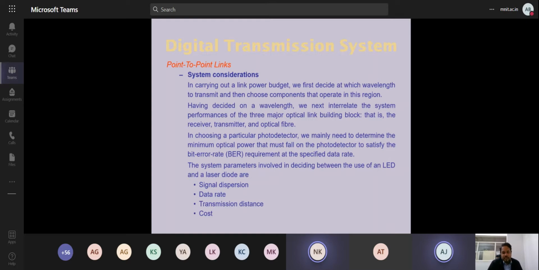So, when a photodetector is chosen, then you must identify what is the minimum optical power that it can detect, so that you have a reasonable or acceptable bit error rate as per standard fiber optic communications. A bit error rate below 10 to the power minus 8 is considered to be acceptable.